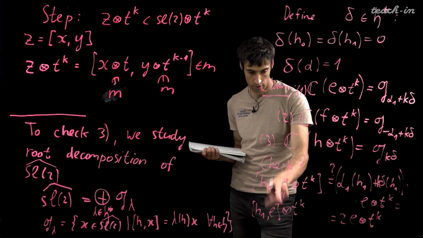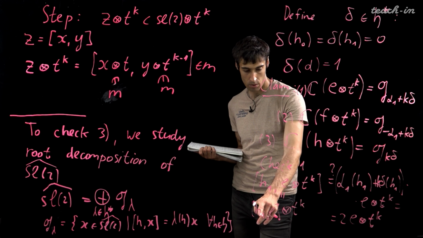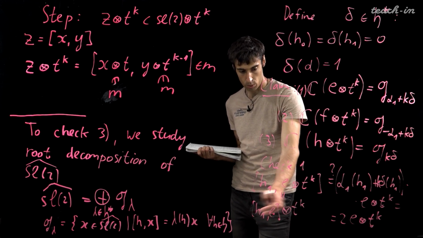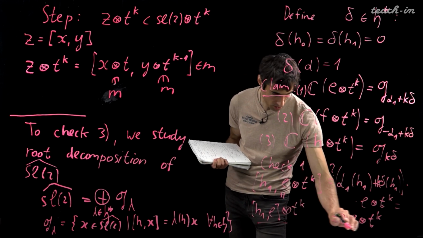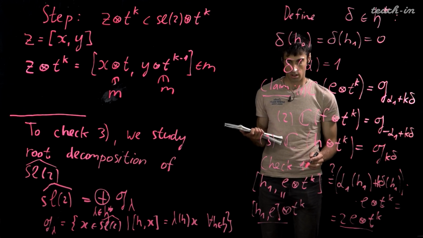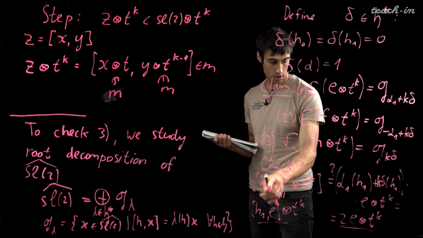So the whole thing is just this, but the commutator of H1 and E is just H, that is 2E. And so indeed this equals this, and therefore we proved the question mark. Then we need to check this with H0 and with D.